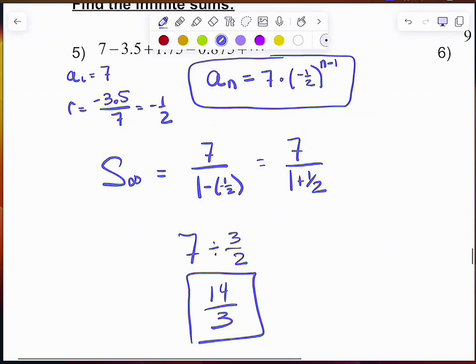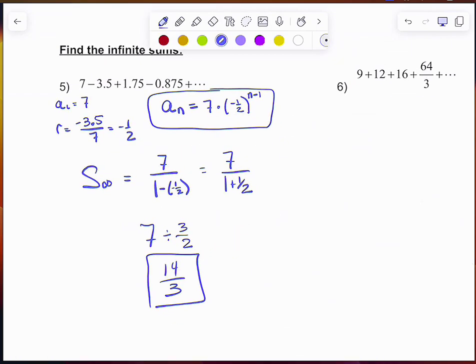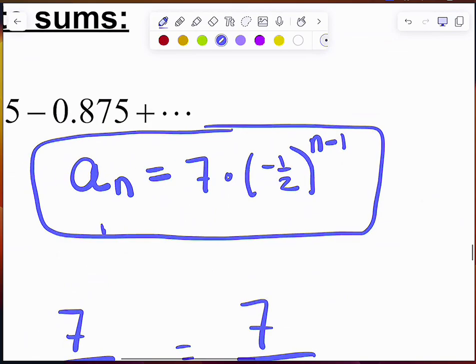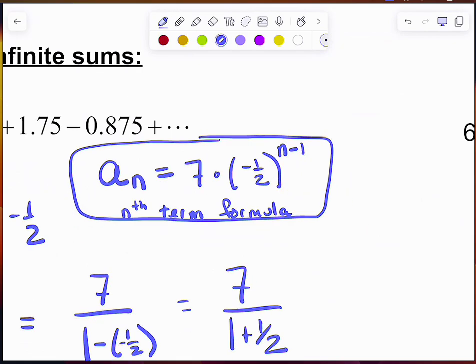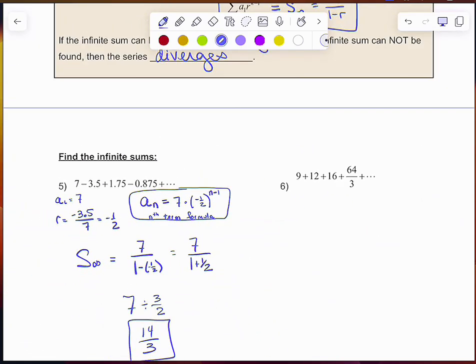In a lot of ways, this is the most confusing concept, but it's also the easiest formula. Sorry, this was 7 times negative 1/2 to the n minus 1. So this is my nth term formula. It technically didn't ask me for that, so that's kind of extra, but that's the formula that created that series.